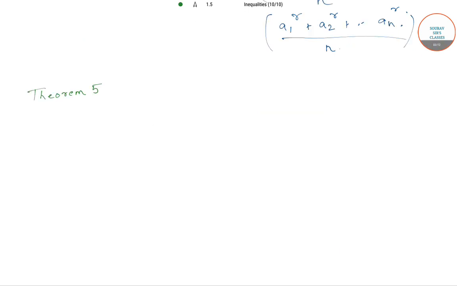Now let's go to theorem number 5, which is the Weierstrass inequality.